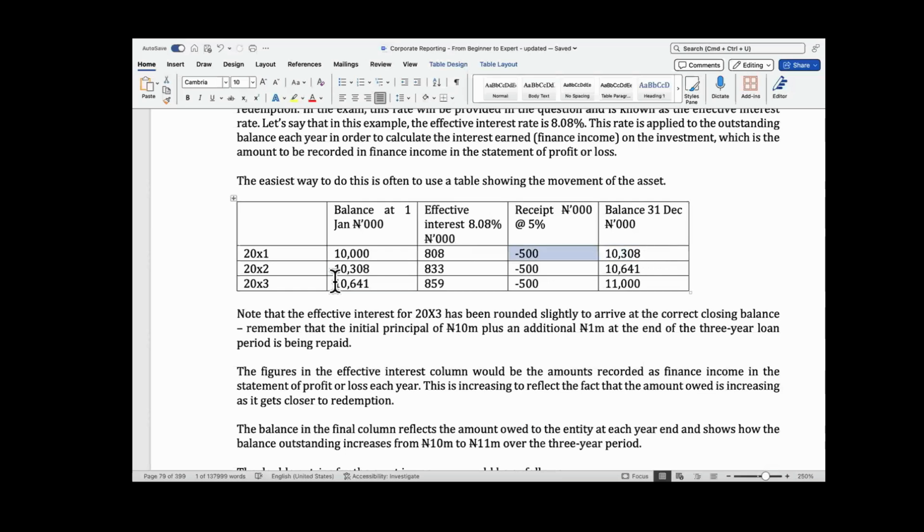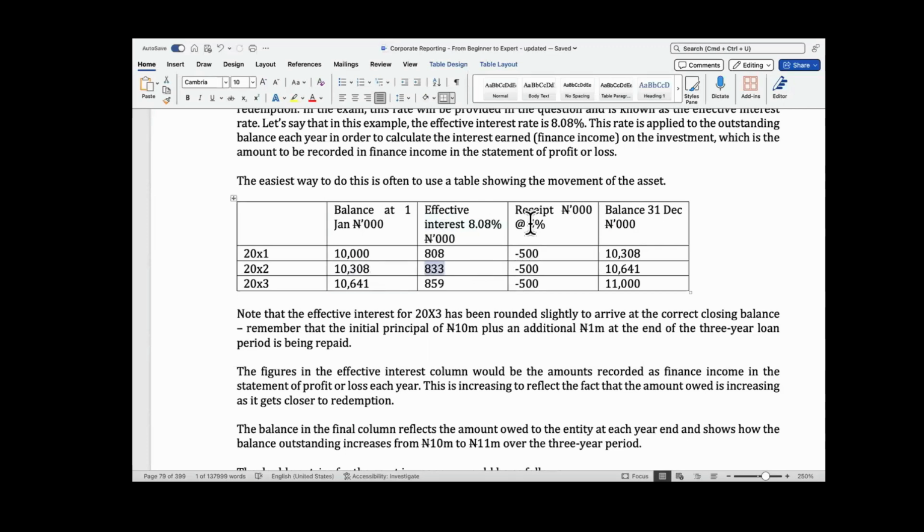We carry that forward to the next year. You apply 8.08% again on this outstanding balance. It gives you 833. Again, they give you 500.